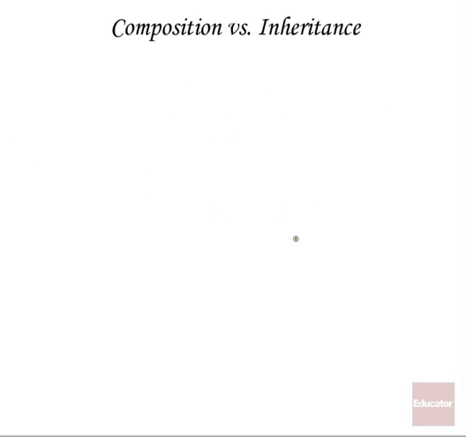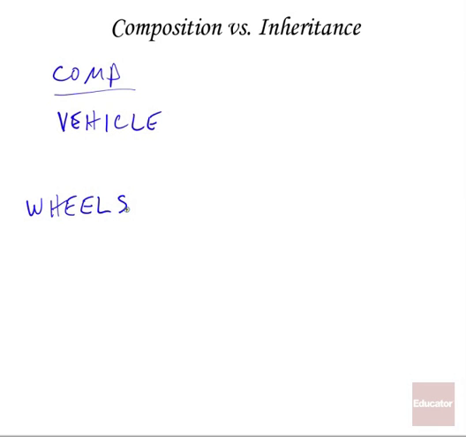All right, now to give you a visual diagram, let me draw something so that you can get another interpretation of what we're talking about here with composition and inheritance. Let's say that we've got our vehicle, and first we are going to talk about composition. Now, that vehicle needs wheels. It probably needs a gas tank.